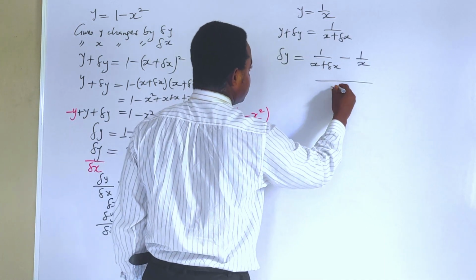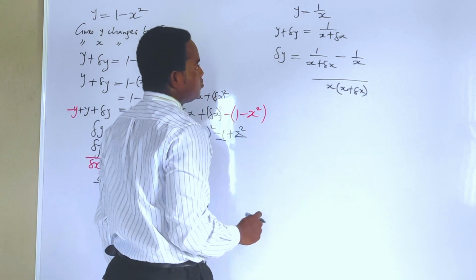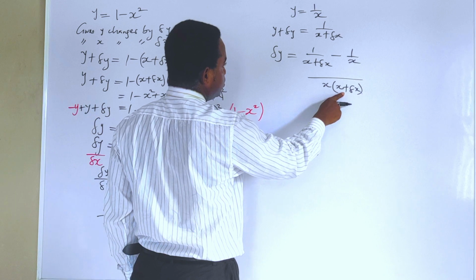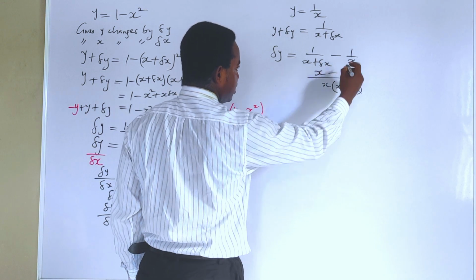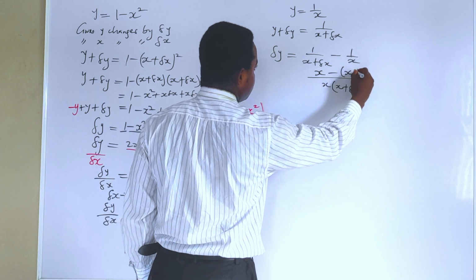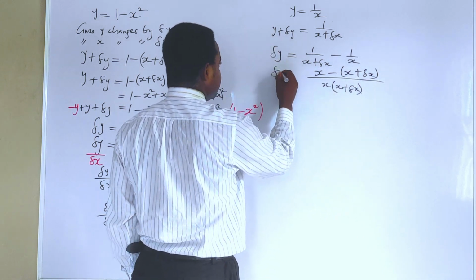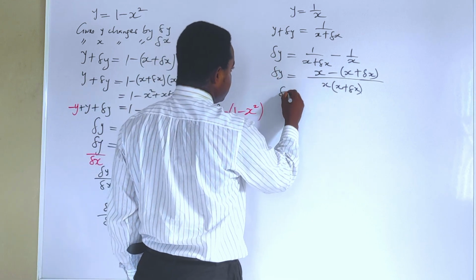So we write y on the left hand side in x terms, right? So let us combine that in a single fraction. So at the denominator we'll be having x multiplied by x plus delta x, right? And let us solve the fraction. We would have x minus in bracket x plus delta x at the numerator, right? And on the left hand side we have delta y.